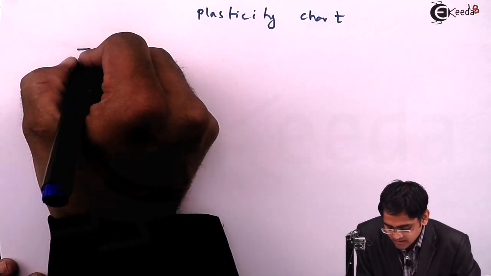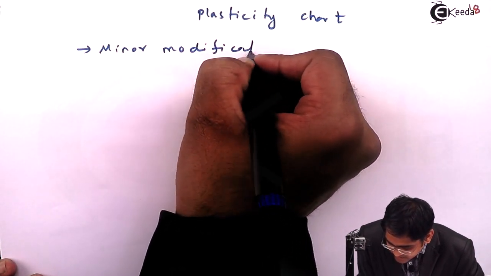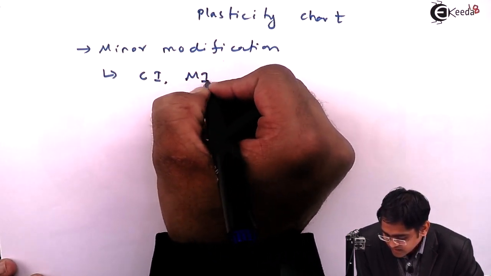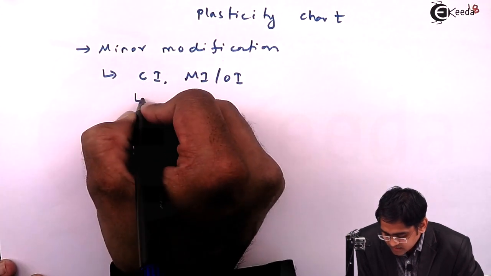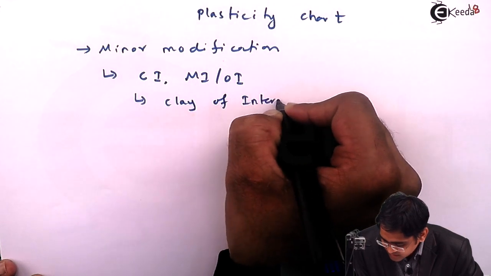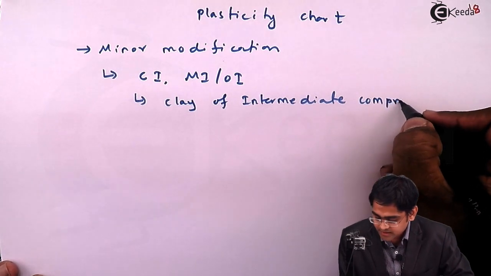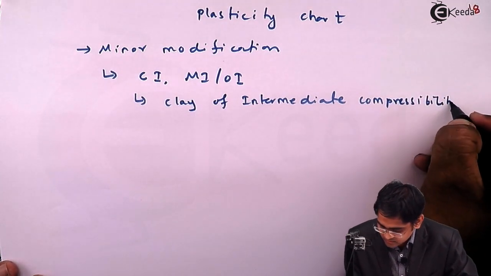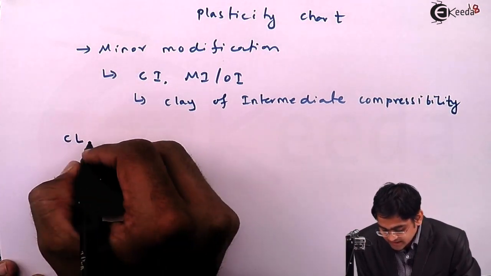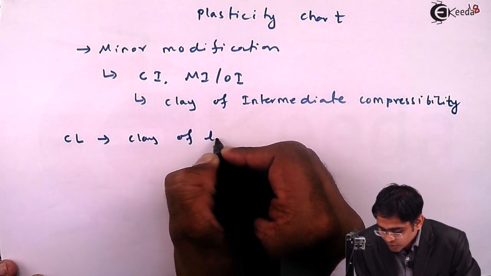Here we have a minor modification. The Indian Standard has brought about the limits of CI, MI or OI. I means intermediate compressibility, so CI is clay of intermediate compressibility. And CL means clay of low compressibility.